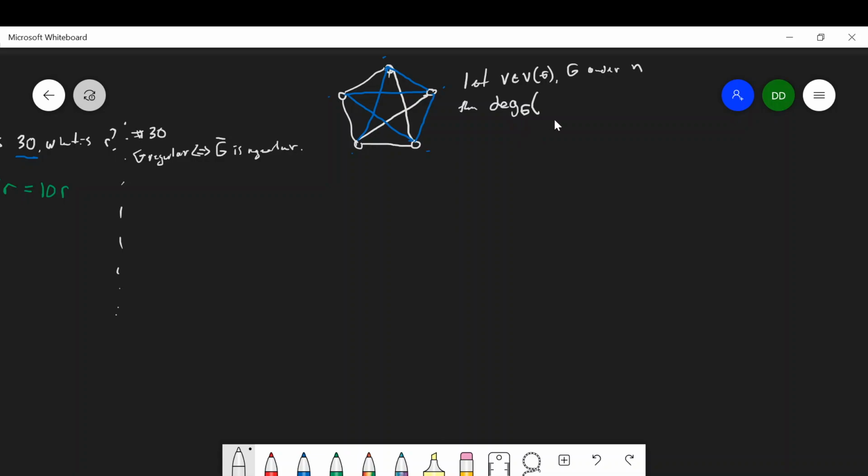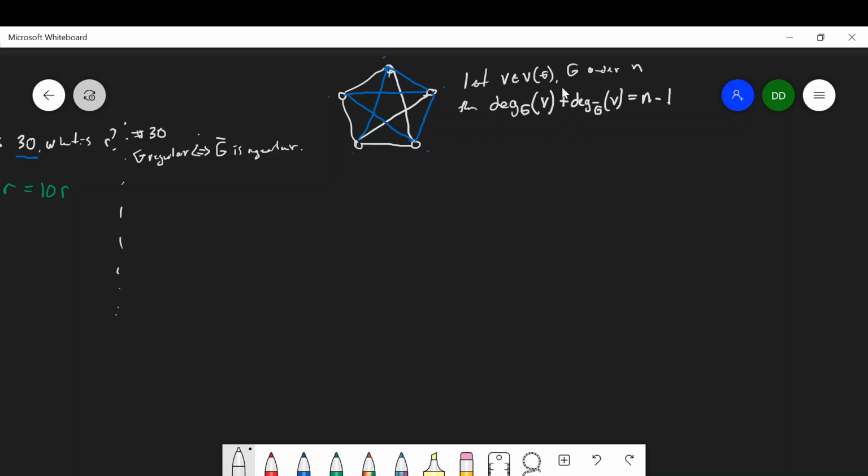The degree in G of my vertex V plus the degree in G complement of my vertex V. Remember, the complement and the graph always have the same vertex set. This has to come together to give me the degree in the complete graph of order n of V, which is n minus 1. So I have this relationship. So this gives me a nice tool for this problem.